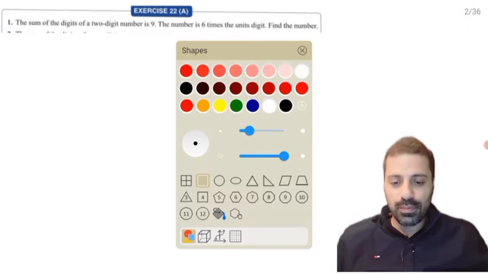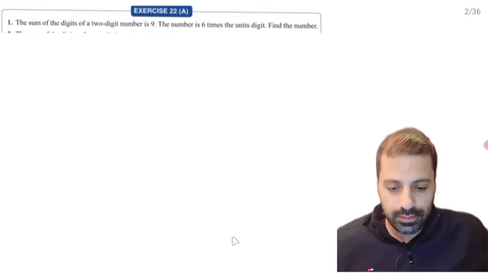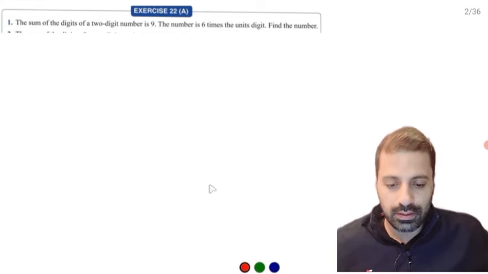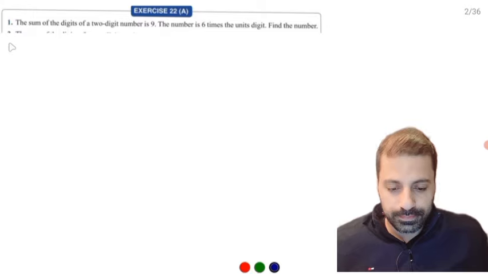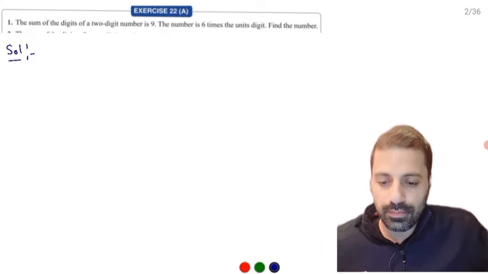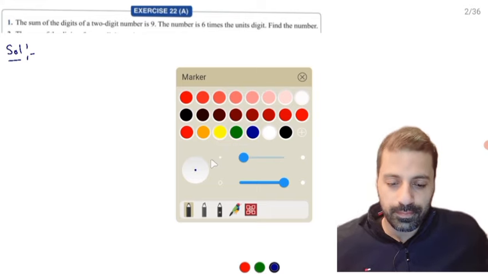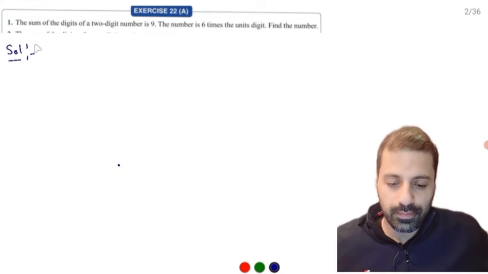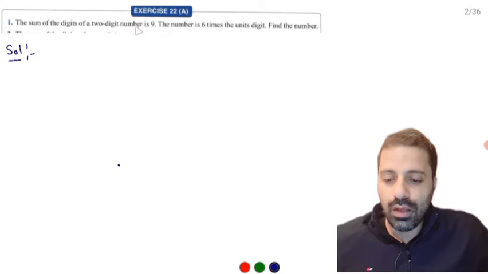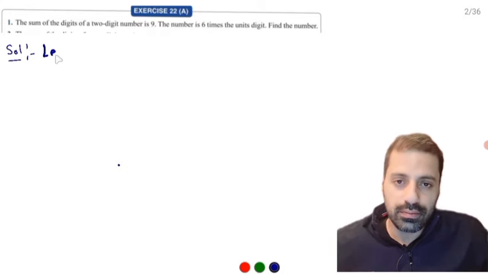So the first problem is given here, my dear students. In the first problem, the sum of two digits of a two-digit number is 9.